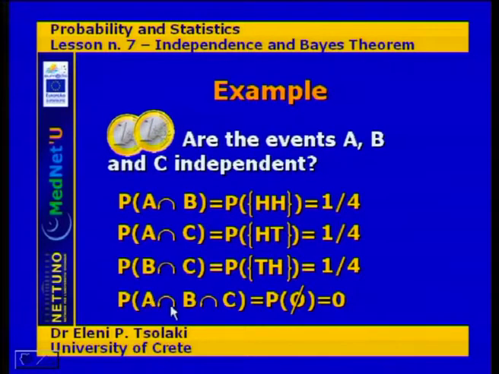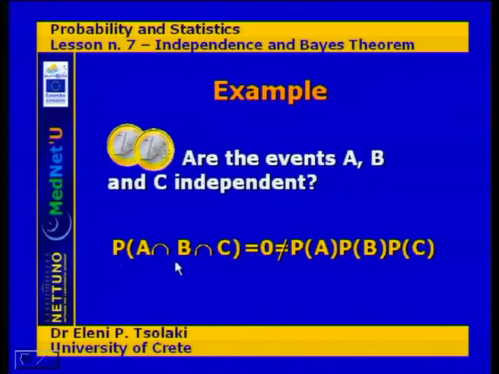Now, events A, B, and C do not have any elements in common, so their intersection is the empty set. And the probability of their intersection is the probability of the empty set, which is 0.